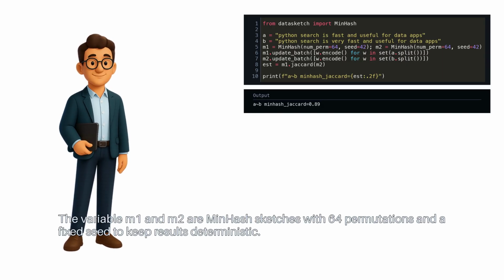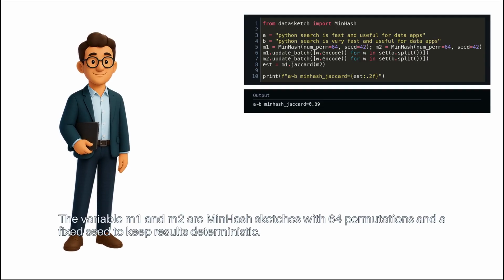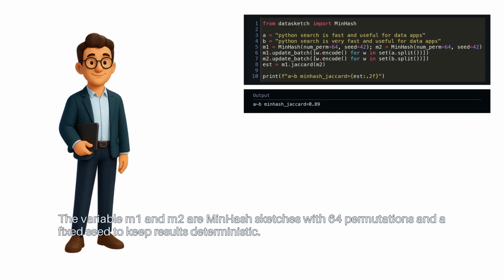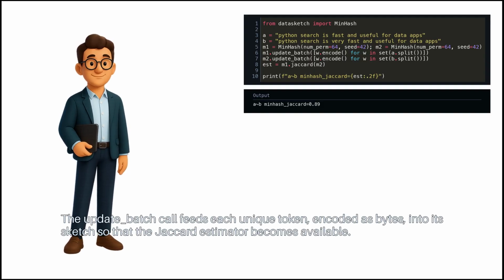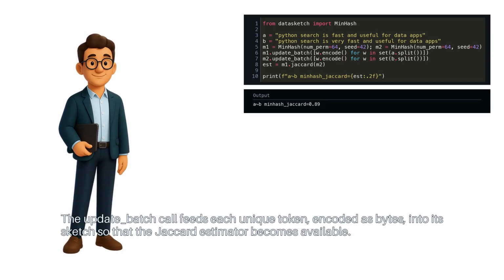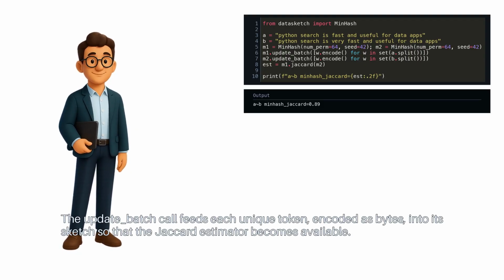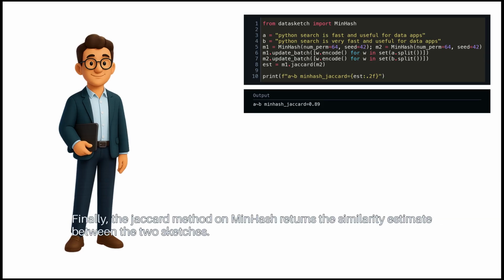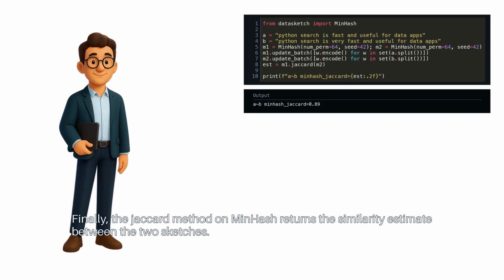The variables M1 and M2 are MinHash sketches with 64 permutations and a fixed seed to keep results deterministic. The update batch call feeds each unique token, encoded as bytes, into its sketch, so that the Jaccard estimator becomes available. Finally, the Jaccard method on MinHash returns the similarity estimate between the two sketches.